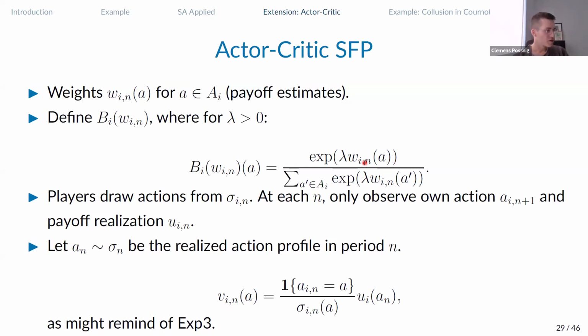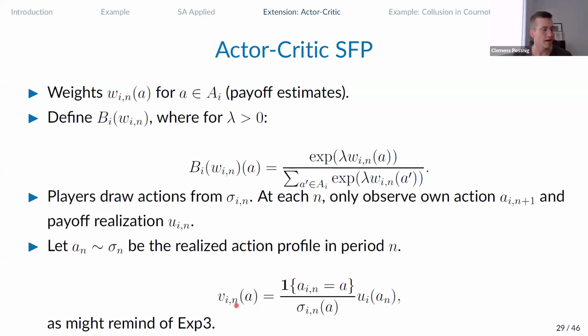And players will draw actions from some mixed strategy distribution, which I will show you in a second. But at each period, they draw actions from there, but they only observe their own actions and their payoff realizations, not their actual payoff function. So if A^n is the realized action in period n, they're going to look at these estimates for their payoff in period n of action a.